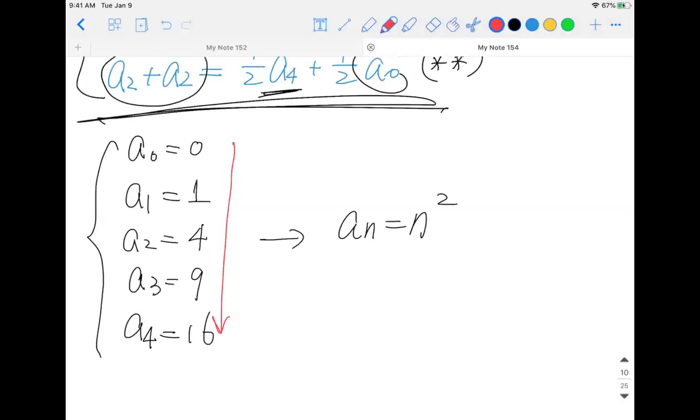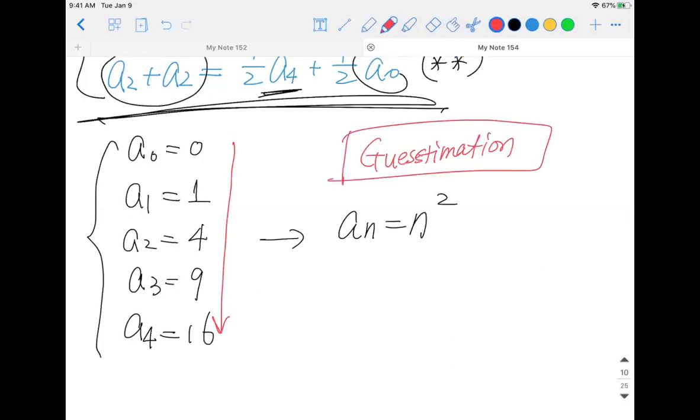AMC doesn't ask for your work. As long as you figure out which of A, B, C, D, E is the right answer, you're good to go, right? So guesstimation is very important. We're going to see in the following questions a lot of problems where you need to guess.